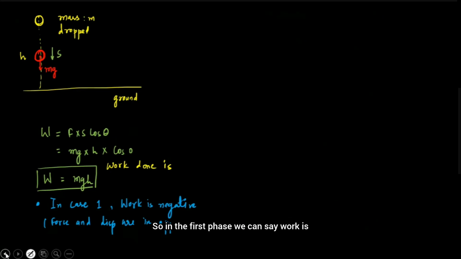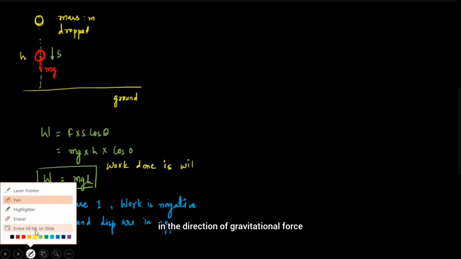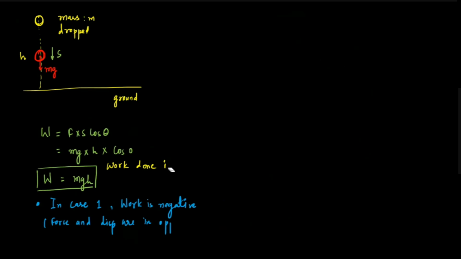So in the first case, work is done against the external force, against the applied force, or against the gravitational force, and here work done is in the direction of gravitational force. So whether this work is going to be positive or negative, this can be asked.